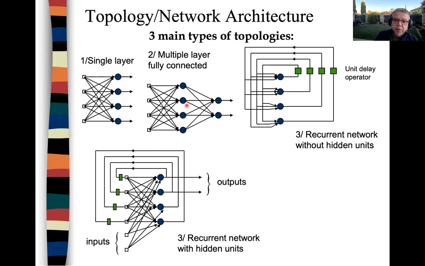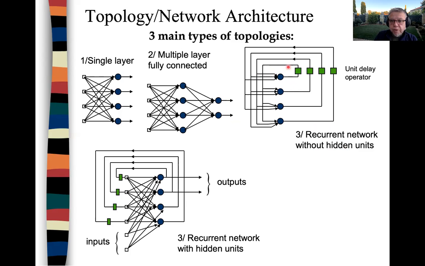You can have multiple layers. So you have your input, and then the first hidden layer, and then the second hidden layer, and then your output. Or you can have the third category, which is a recurrent network. So without hidden units, you go straight from your output back to your input.